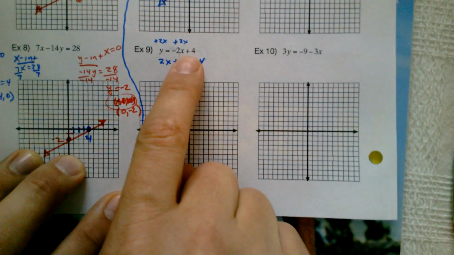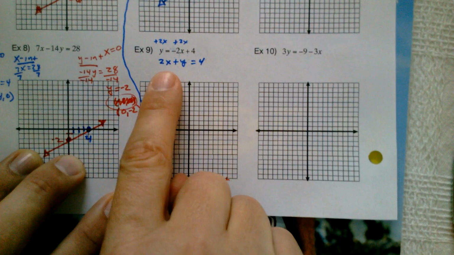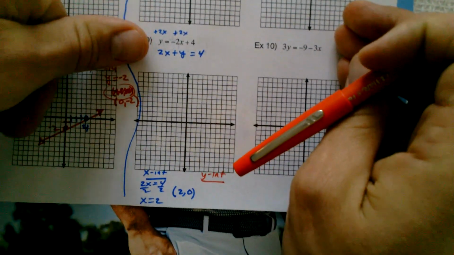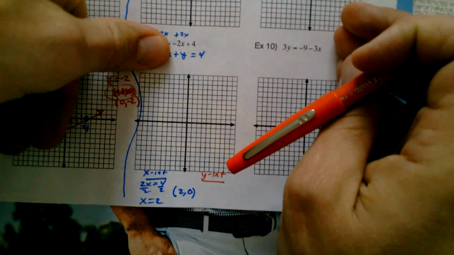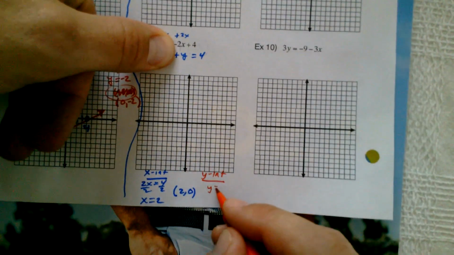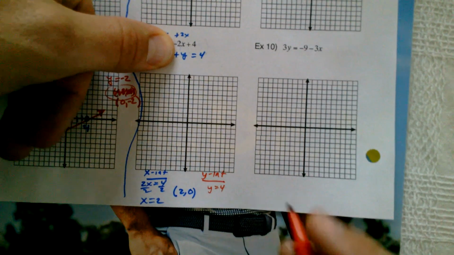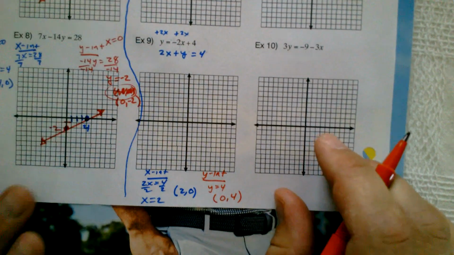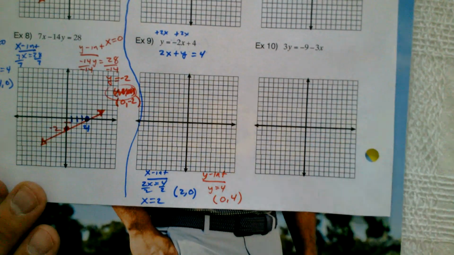So if it's not in standard form, just move it over so it is, and it makes it very easy using the cover-up method. If I plug in 0 for x, 2 times 0 is nothing, so I'm going to cover it up. And now I've got y equals 4. And write that as a coordinate point, 0, 4. All right.